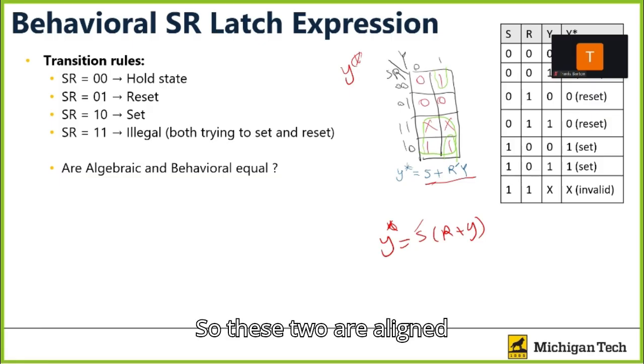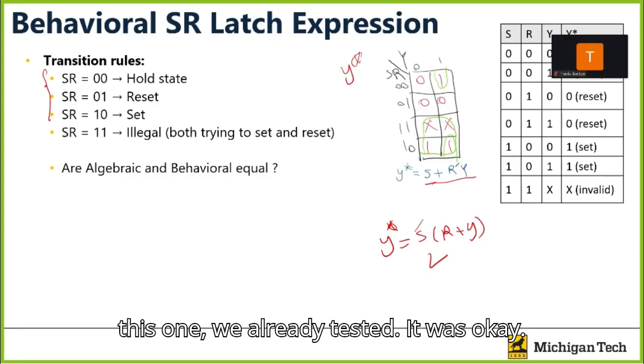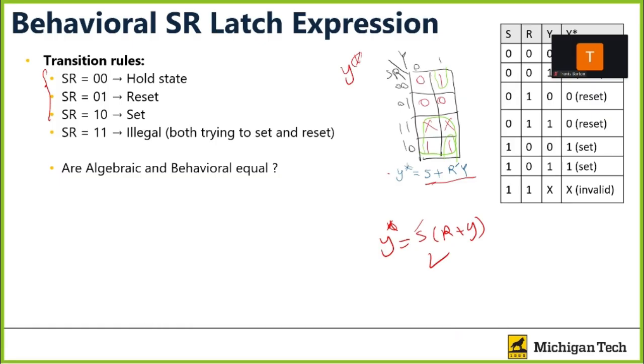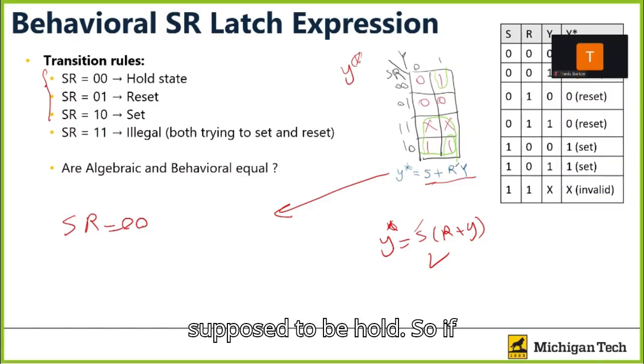These two are aligned together as far as we consider these inputs for S and R. Both of them act correctly. We can test it. For this one, we already tested. It was okay. What about this one? Let's test this. If SR is 0, 0, it is supposed to be hold.